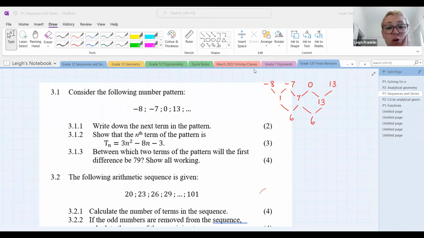It has to be a quadratic pattern because it's only quadratic patterns where we've got a first difference that's linear and a second difference that is constant. Okay, 100%. Perfect. So we know that this has to be a quadratic pattern. And in fact, if we took a sneak peek at the next question, even though we're not supposed to do that, we can see here that they're telling us that Tn is equal to 3n squared minus 8n minus 3. So that's a dead giveaway that it's going to be quadratic.